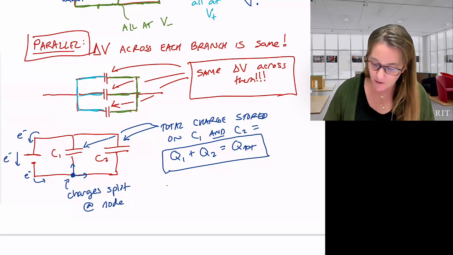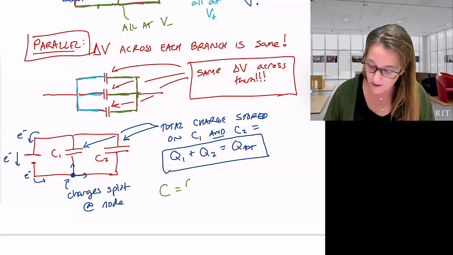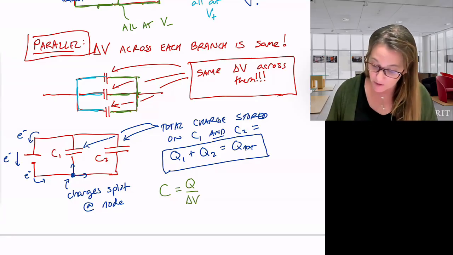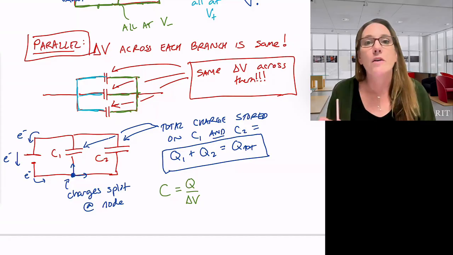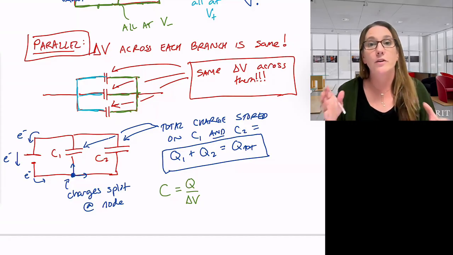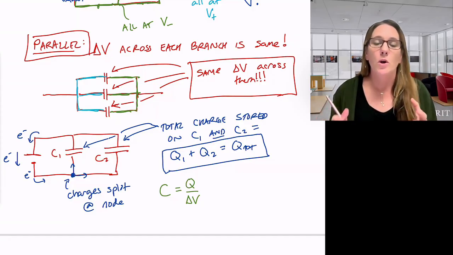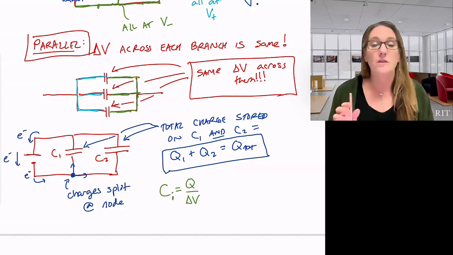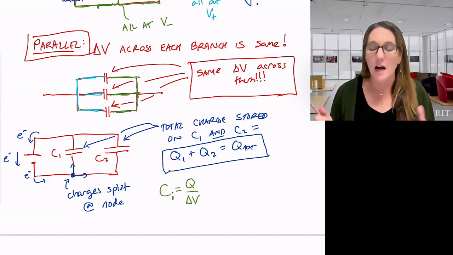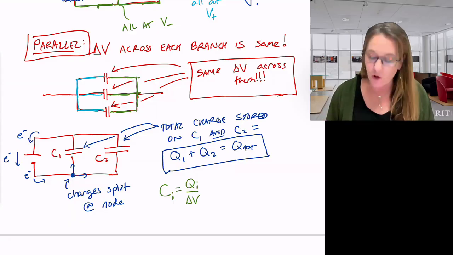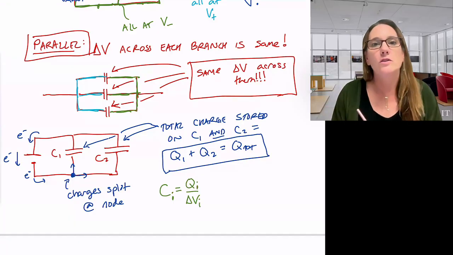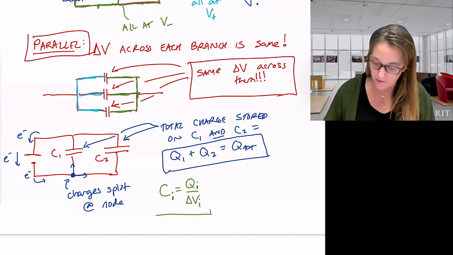Remember that we have this very important relationship, which is that capacitance is charge per volts. So if they all have the same delta V across them, then they're going to have different charges that they can hold based on their capacitance. I like to think about this as the capacitance of some capacitor, say capacitor i, will be equal to the charge that capacitor stores divided by the delta V across that capacitor.